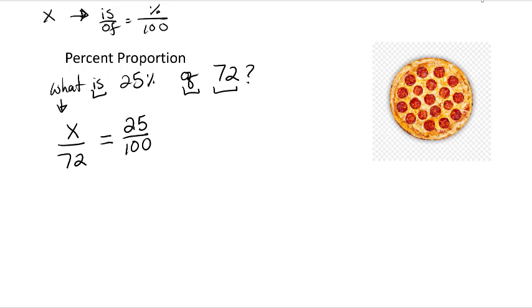So now we are solving not for the percentage, but for the part of the whole that we have taken, or the is in this case. How do we do this? Well, it's the usual. We have two fractions, and we're saying that they're equal, so we can cross multiply. So we have 100 times x on the left equals 72 times 25.